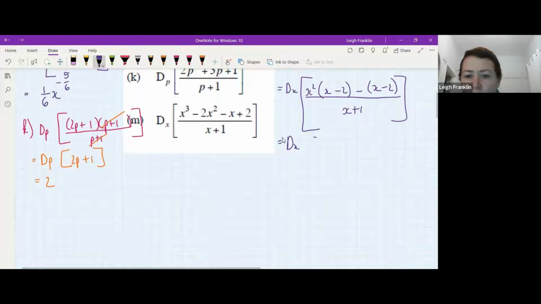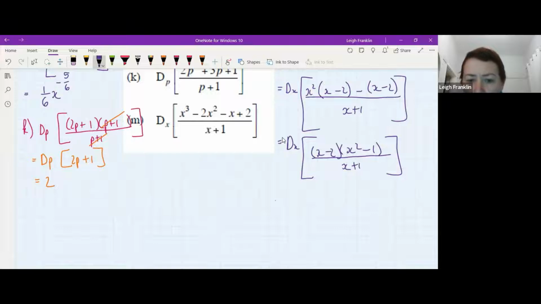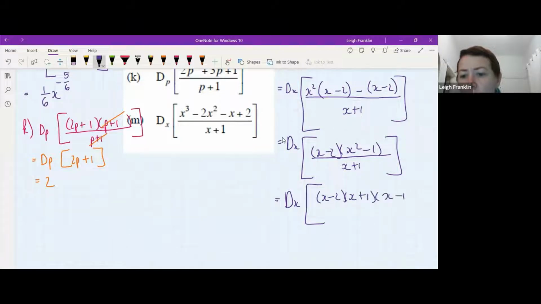Now we can take out x minus 2, that leaves us with x squared minus 1 over x plus 1, which then leaves us with x minus 2 times x plus 1 times x minus 1 all over x plus 1.